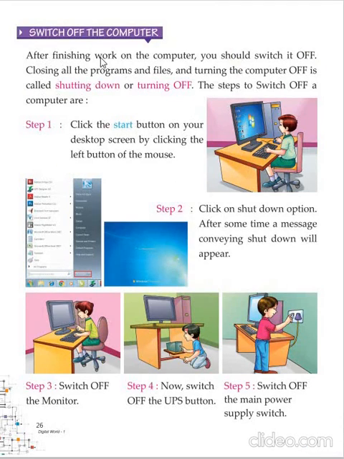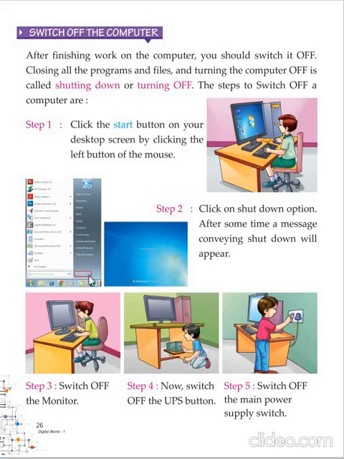Now let's see how we can switch off the computer. So like switch on, there are various steps which we have to follow to switch off the computer. For this, you have to click on the start button on your desktop screen by clicking the left button of your mouse.